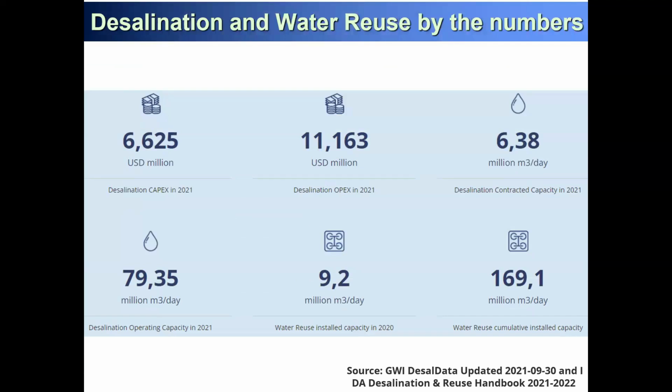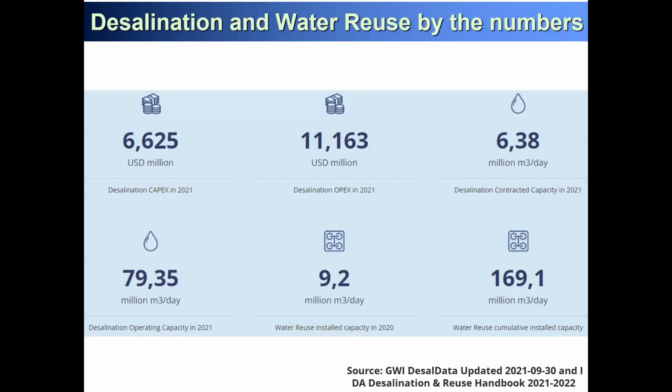And this is the number. For desalination, it's $6,000 million for CAPEX, and OPEX is around double. And then we have contracted and operating capacity. Water reuse at the same time increased, as you already experienced in your last assignment on water reuse. Water reuse also keeps increasing because seawater desalination is more expensive than water reuse.